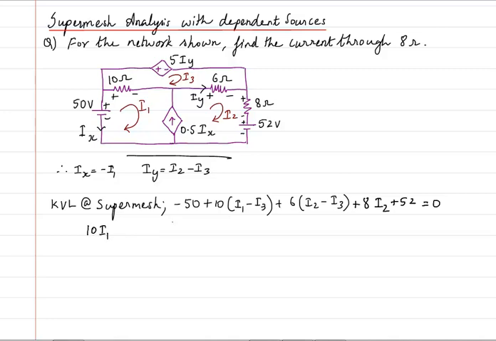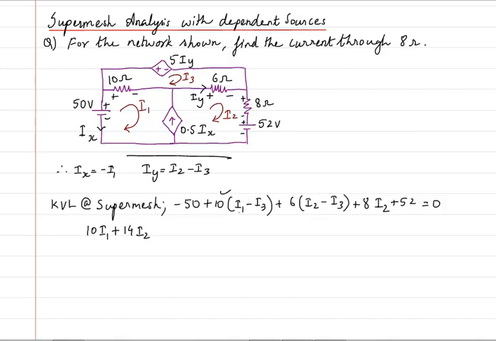I2 also I am having this 6 and 8, so I will write both of them. So 6 plus 8 is 14, so plus 14 I2. For I3 I am having minus 10 because it is minus here, so minus 10 and minus 6.